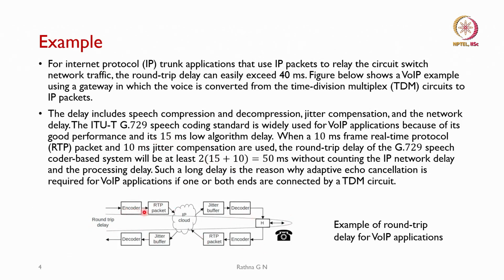As you can see, the encoder and decoder are here. Here also we have the encoder and decoder, that is why it gets multiplied by two. So, it comes to about 50 milliseconds without counting the IP network delay.